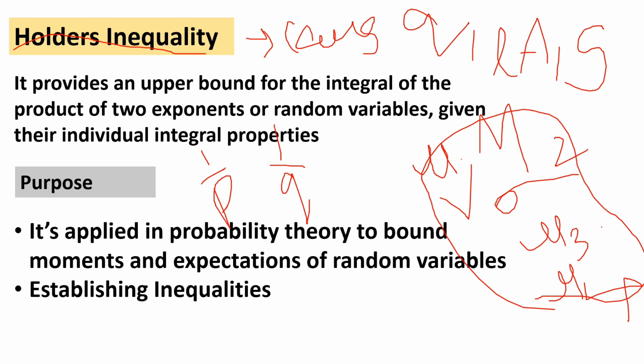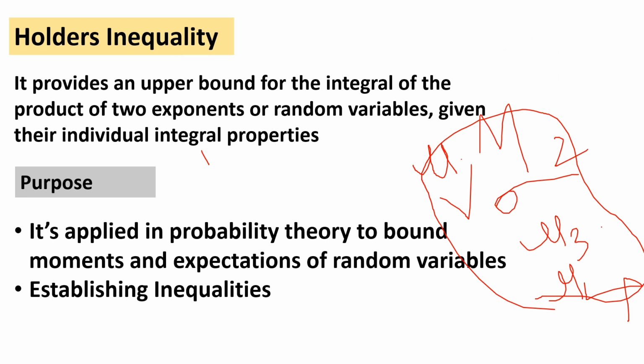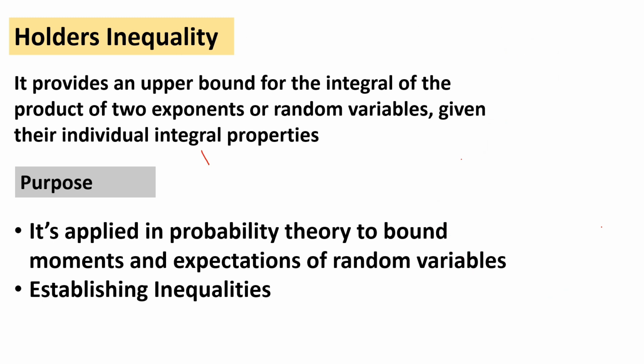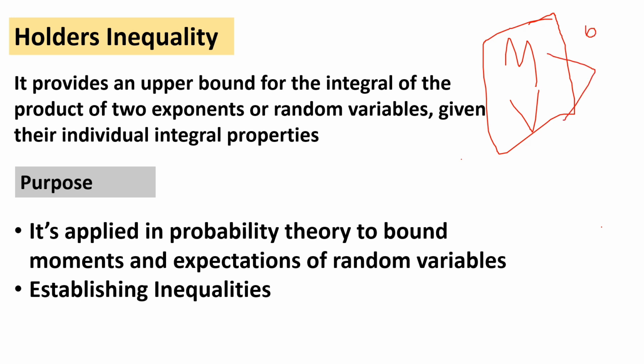Now let us learn what is the interrelationship between the Chebyshev's inequality and the Hölder's inequality. In the Chebyshev's inequality, we use mean and variance, right? By using these both components only, we will find out the upper bound, so the Chebyshev's inequality is limited to two exponents, these two exponents only, the first two exponents.